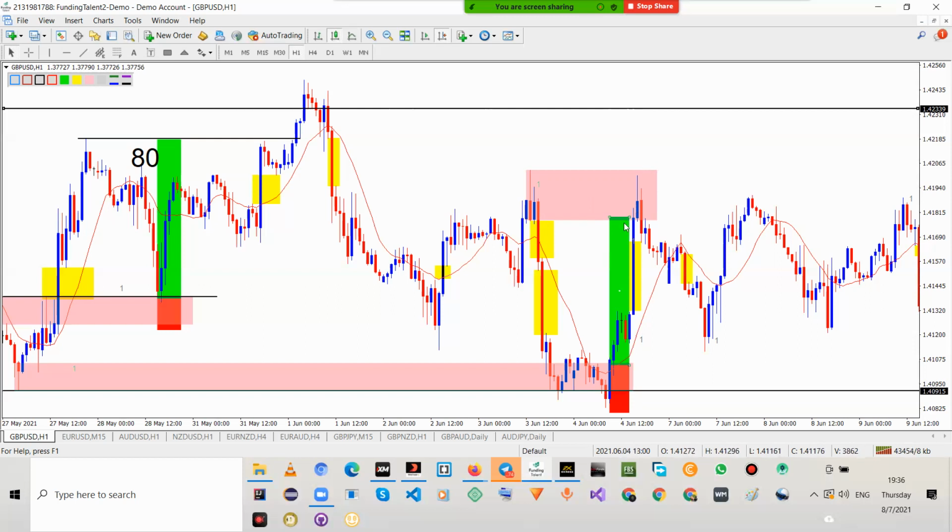Where the take profit will be, there'll actually be another entry to the downside. So instead of you holding this trade and hoping it gets to 170 pips and all that, you're not going to encounter such an error.